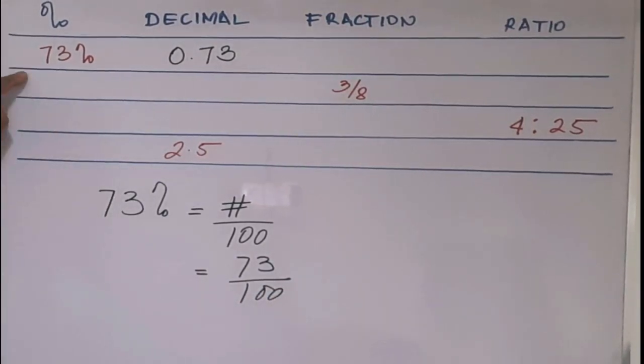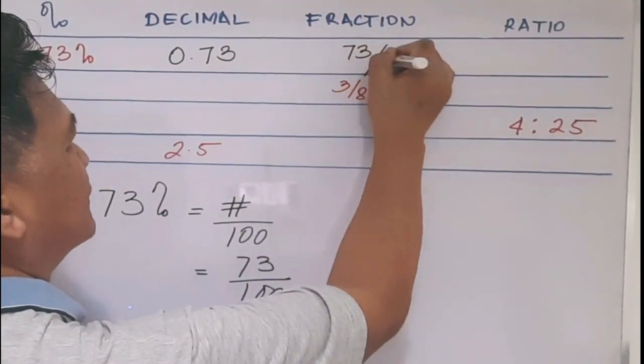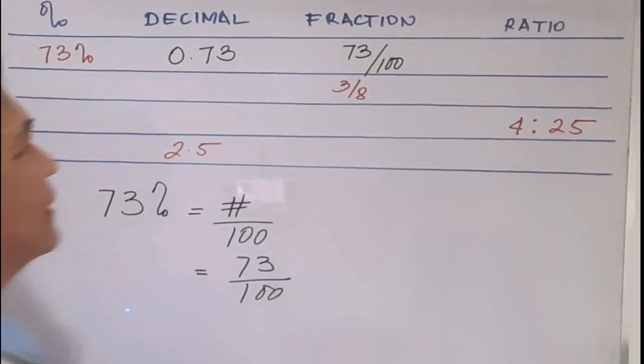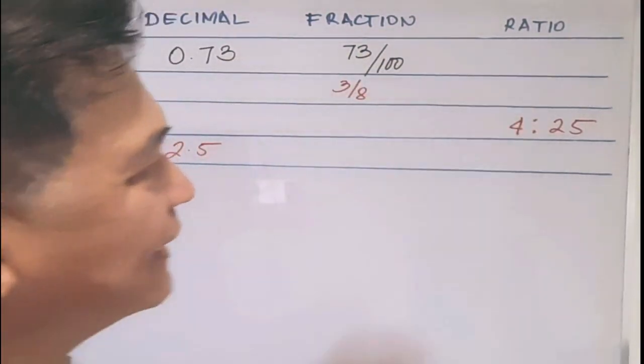Your 73% converted into a fraction is 73 over 100.